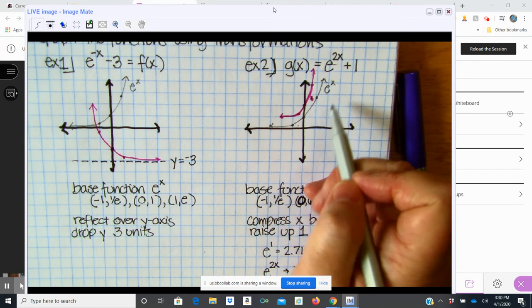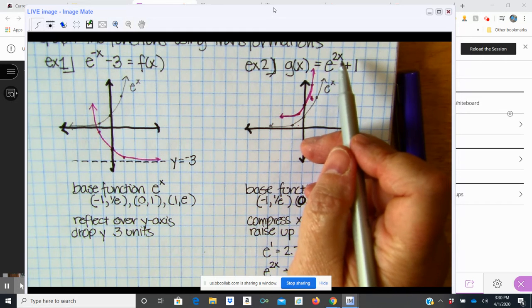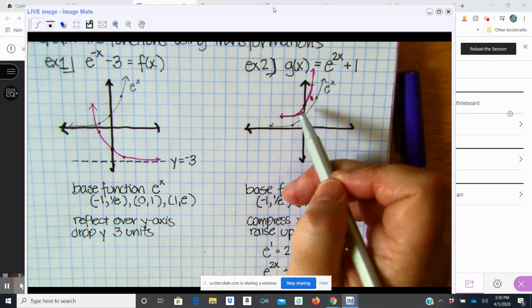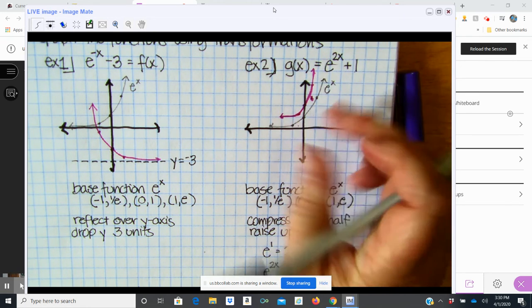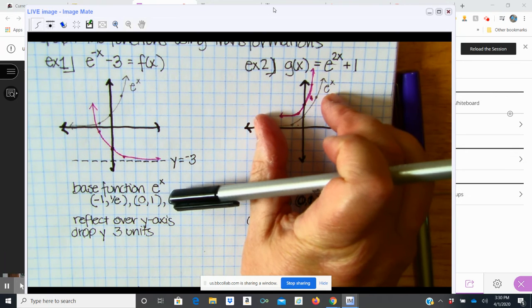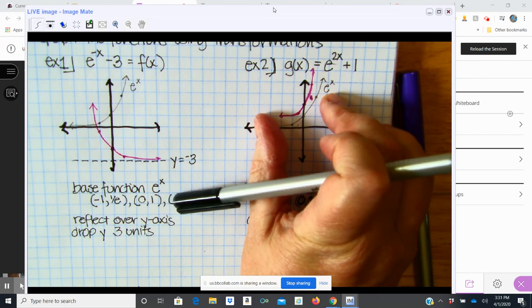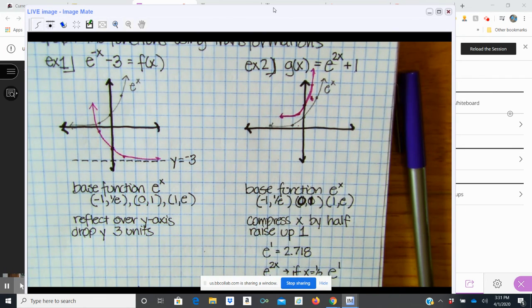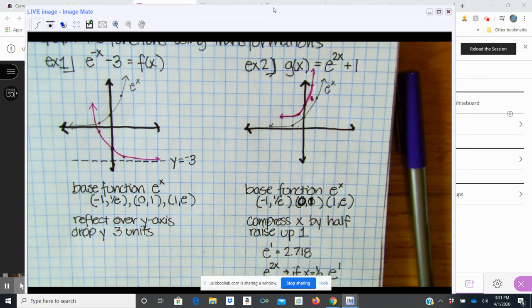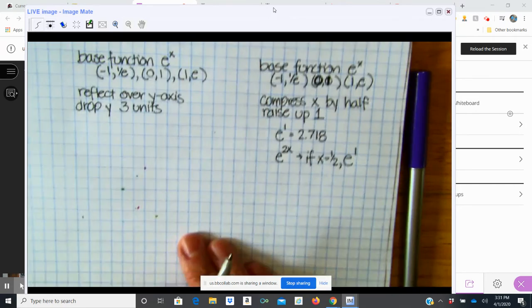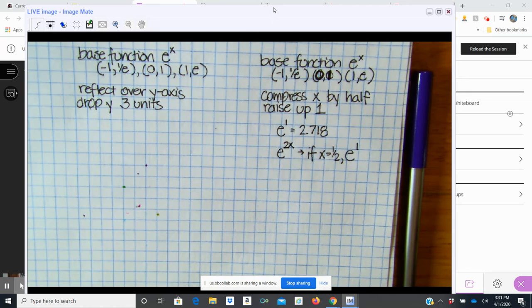To get to an e squared, I only need that x to be 1. So I'm actually climbing a lot faster, so it compresses the graph. Okay? It's hard to say it the right way. Different people understand it in a slightly different manner. It's just a weird kind of thing.